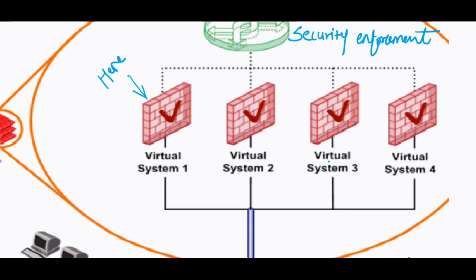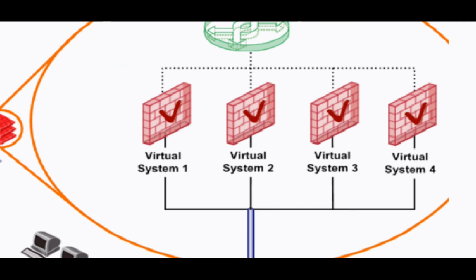Consider for now the traffic is hitting this virtual system. If the packet comes here, based on the policy and configuration we have, the packet will be allowed or blocked, and based on that it will be sent to the destination. Here the security policy takes place. So all this enforcement is handled by the virtual system, and this enforcement is part of your traffic flow and traffic management. This is the second feature, guys.